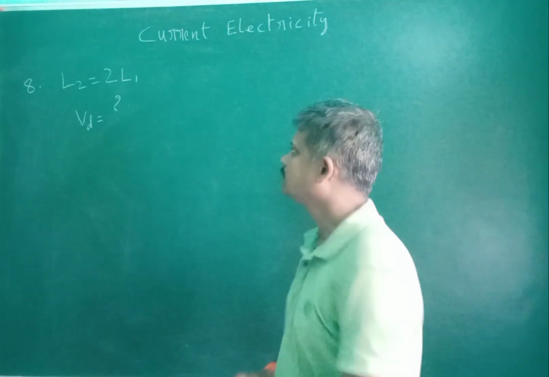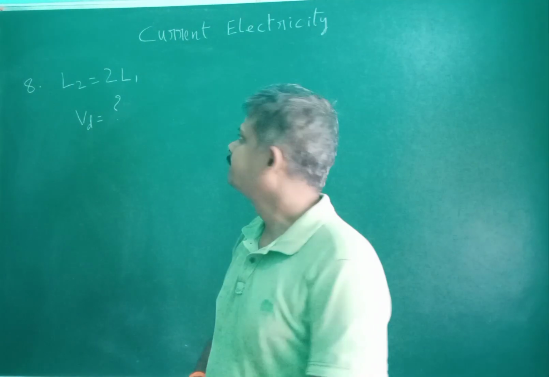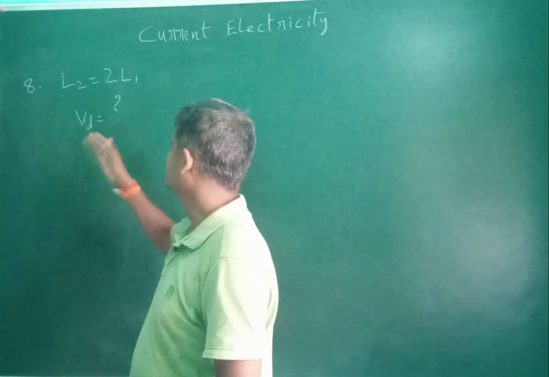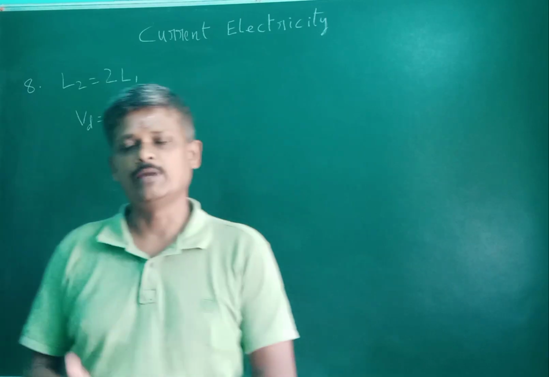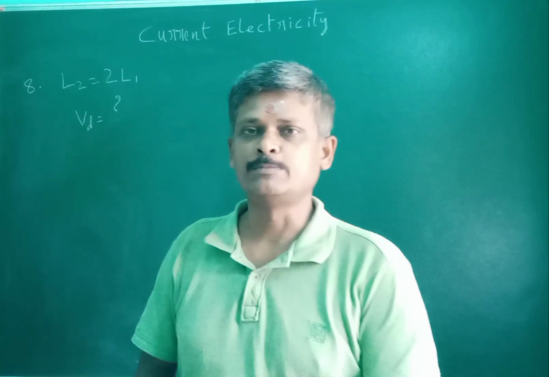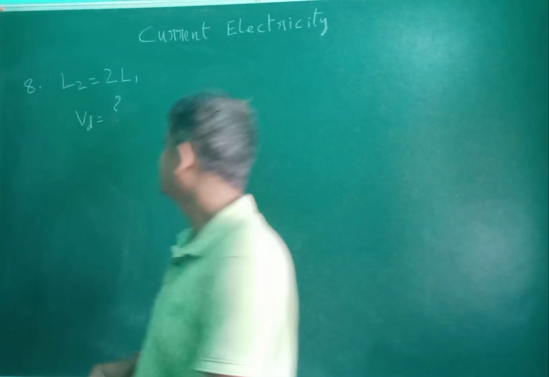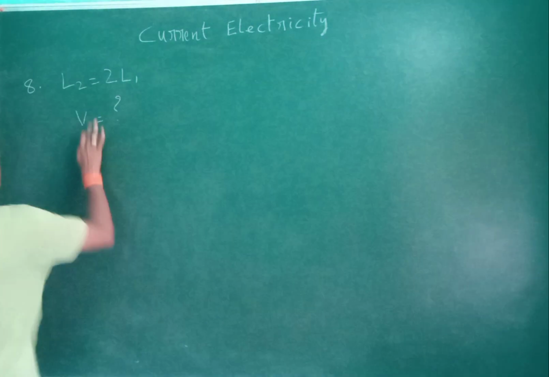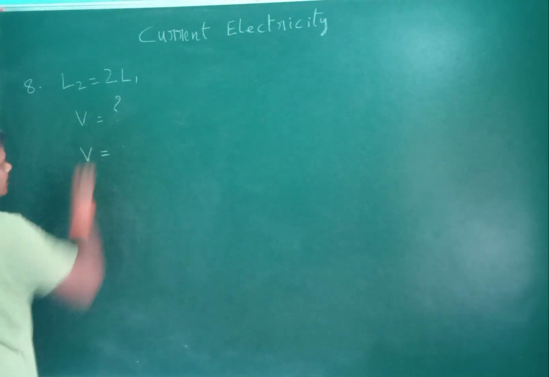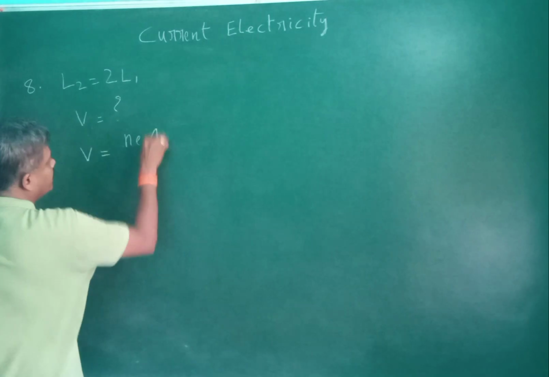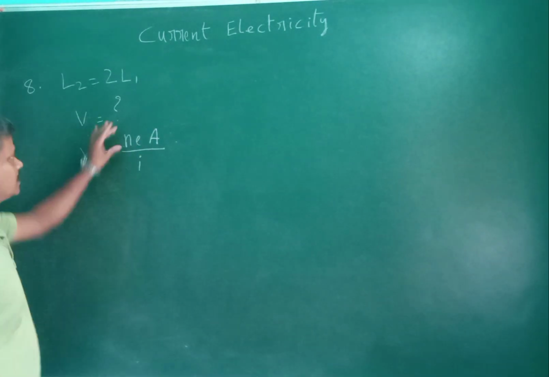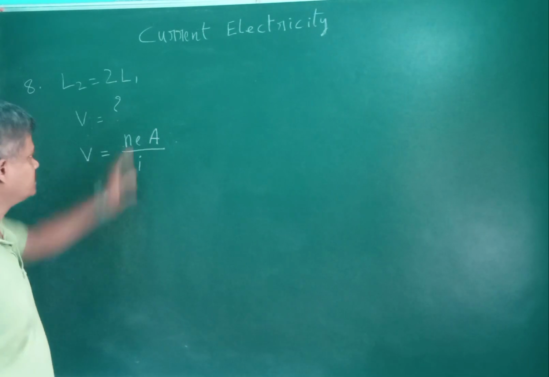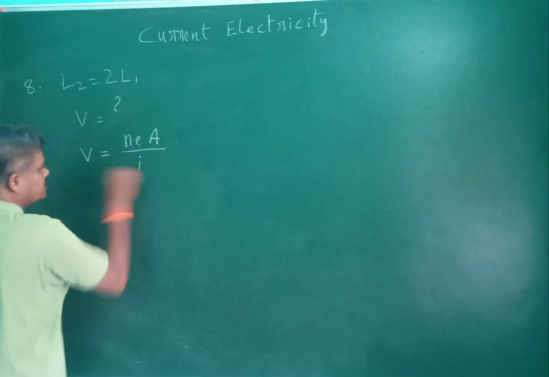Question number 8. If the length of a wire conductor is doubled by keeping the potential difference constant, find by what factor the drift speed of the electrons changes. The drift speed is given by the formula I by NEA, where N is charge density, E is charge of the electron, A is the area of cross section of the conductor, I is the current passing.